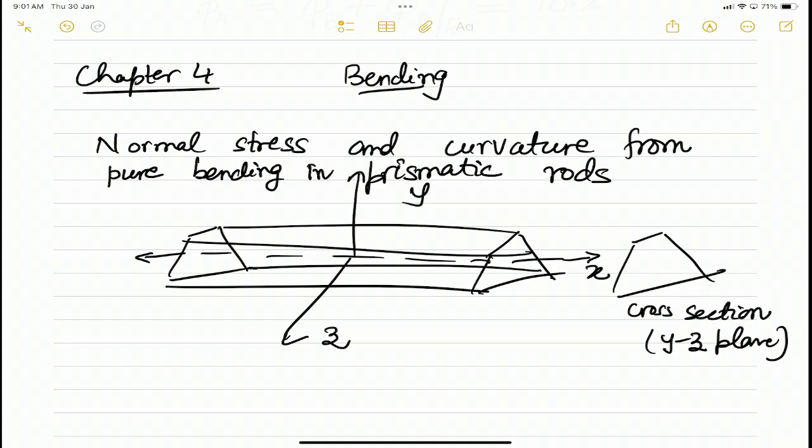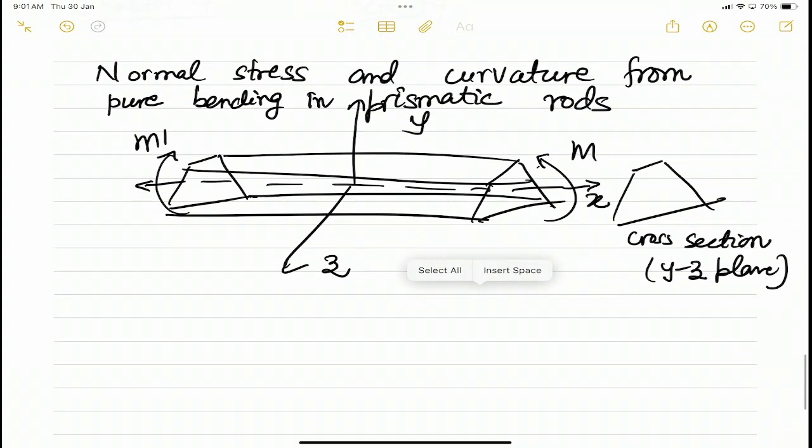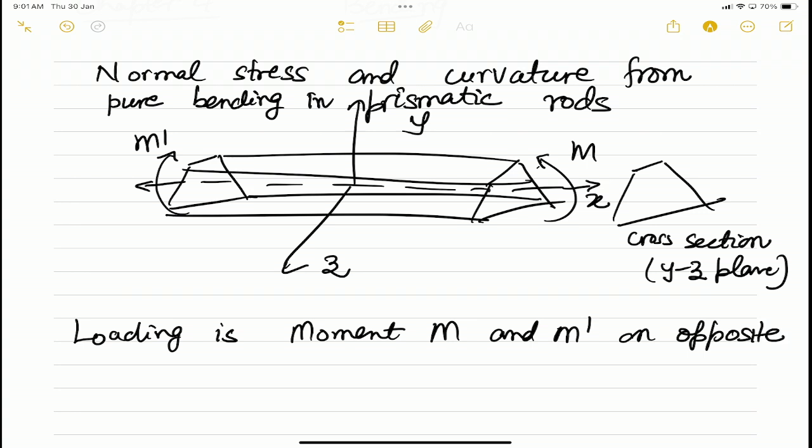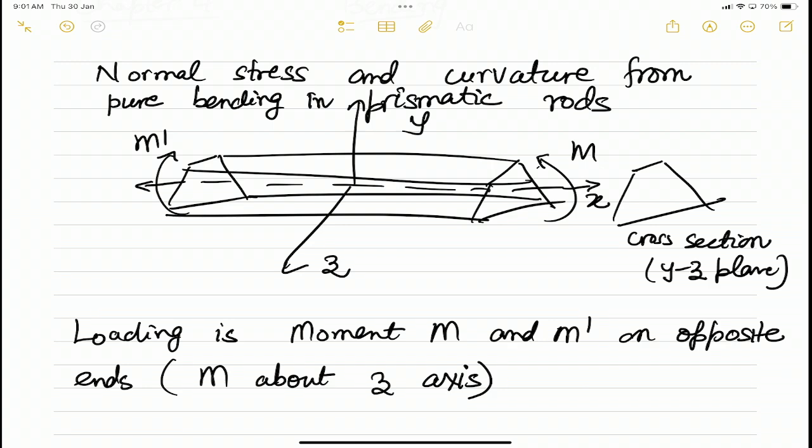And the loading is moment M and M prime on opposite ends, and the moment M is about the z axis.